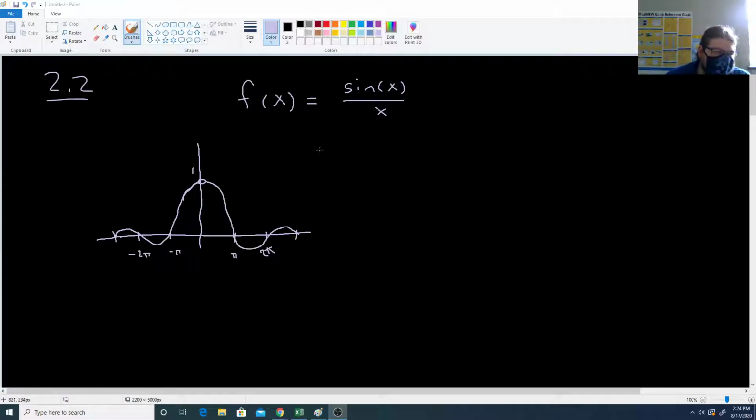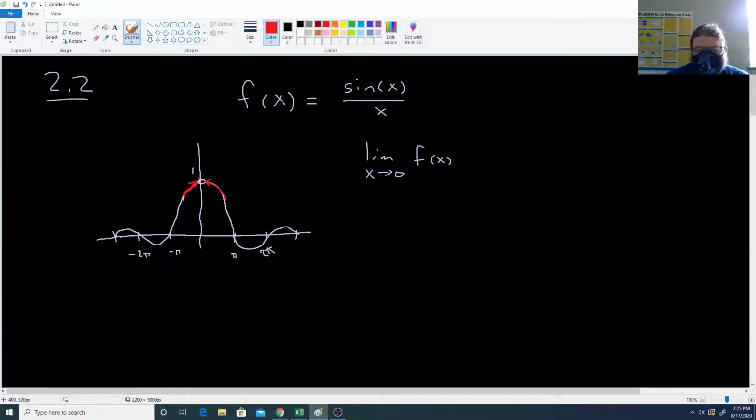So graphically, if I said, what is the limit as x approaches 0 of our function up here, f of x, what I'm asking is, as you come along this function line from the left, what number does it approach? And as you come along the function from the right, what value does it approach?